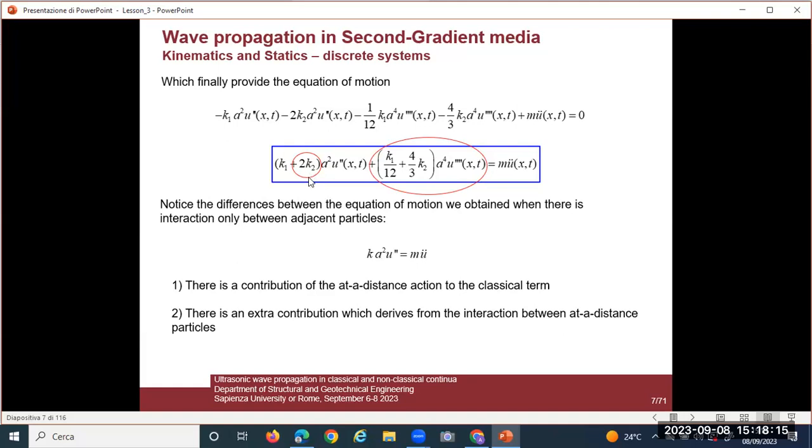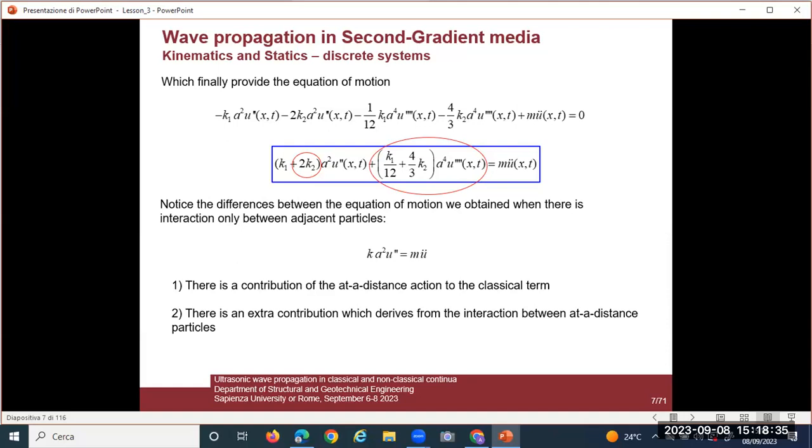You can see here there is a contribution of the at-a-distance action also in the classical term. And there is also another term which contains the 4th derivative of the displacement field.